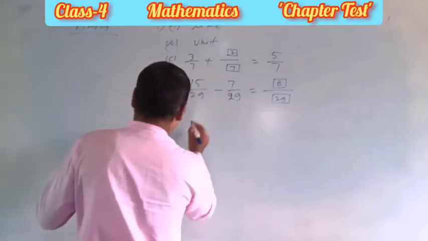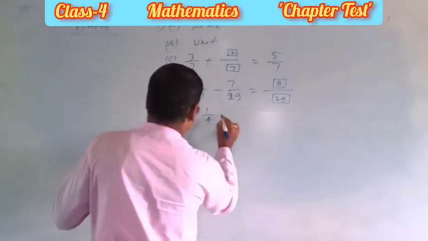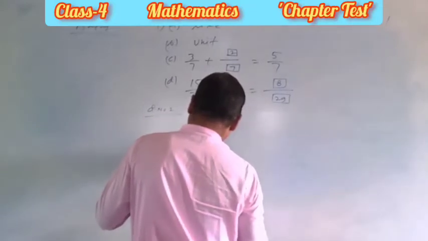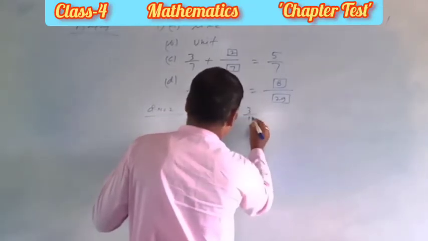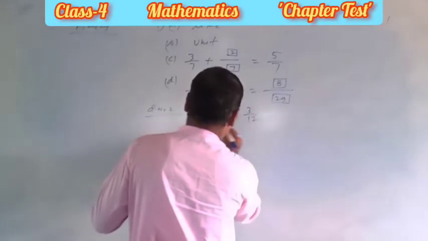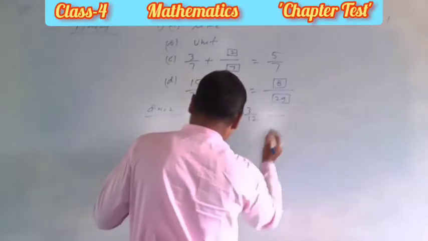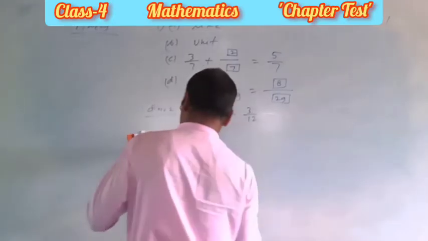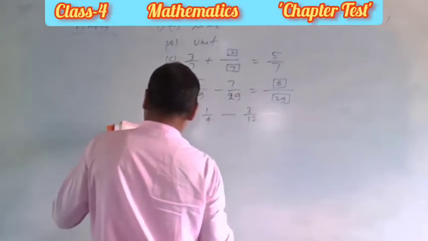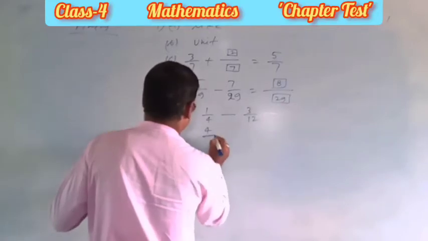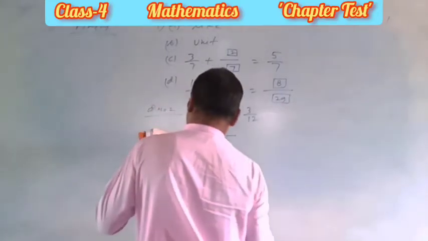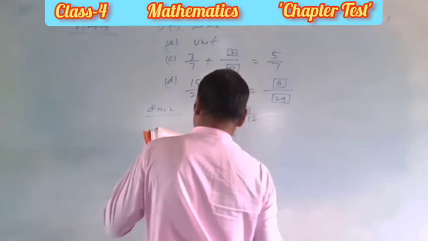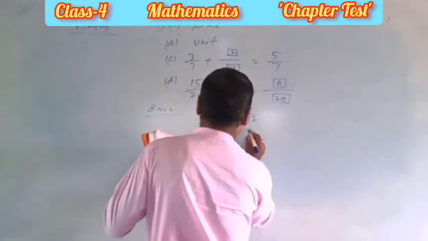First, 1 by 4 equals 3 by 12, because 1 times 3 is 3, 4 times 3 is 12. Other: 4 by 5, its equivalent is 4 times 2 is 8, 8 by 10.